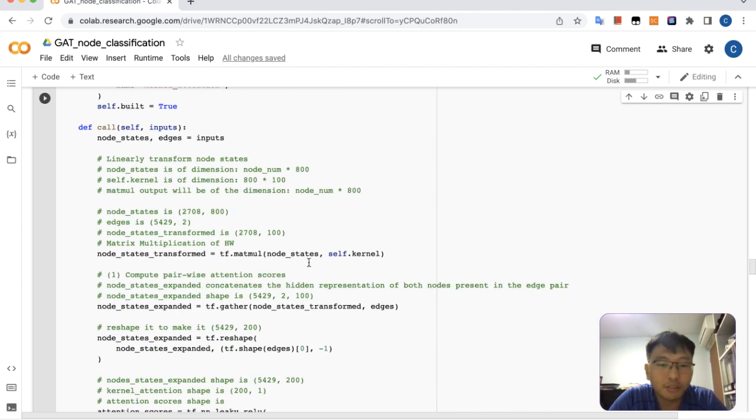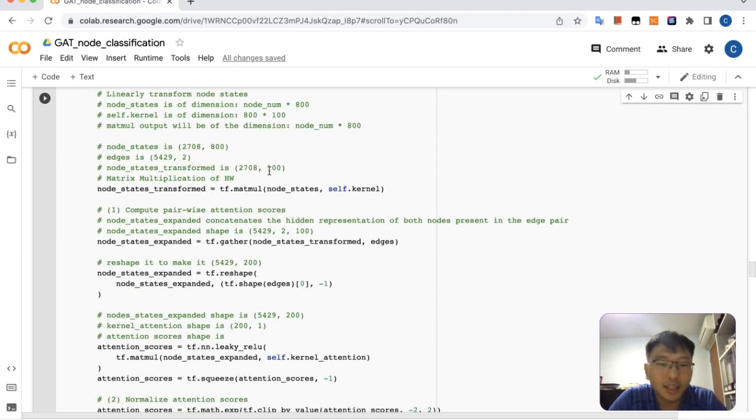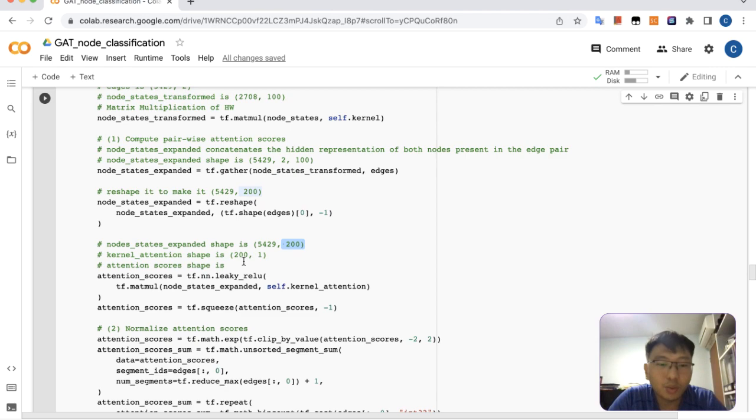It's because when you concatenate this part, you concatenate the hidden representation of 100, and it becomes 200. And so when we do a sort of attention, we want to make it back to 5429 by 1. Yep.